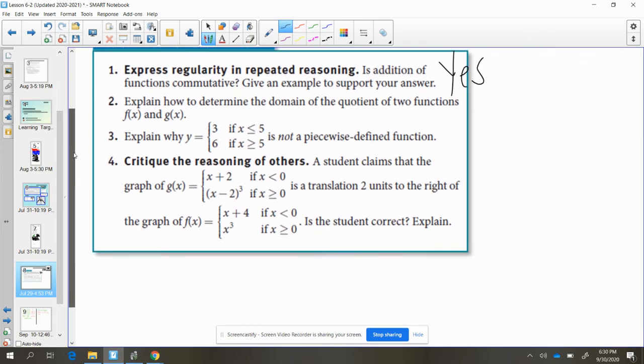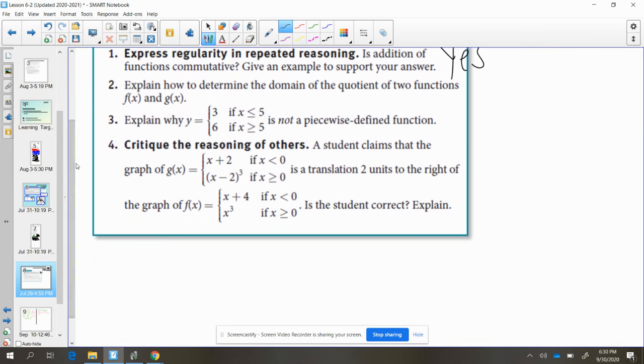Number 2, explain the domain of the quotient of 2 functions, f of x and g of x. Well, a couple things here. You always want to consider what lies in the original domain of these guys. So you have to be careful. You want to consider the original domain: is anything going to make the original functions undefined? Just the functions individually.